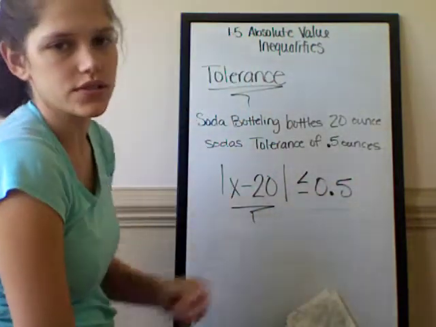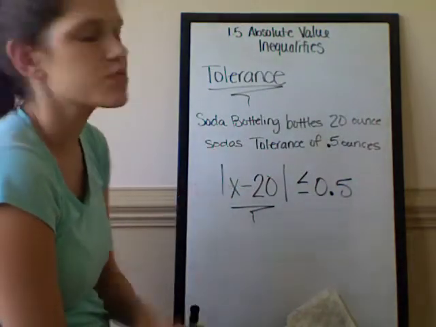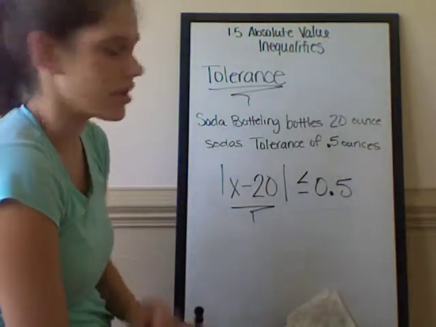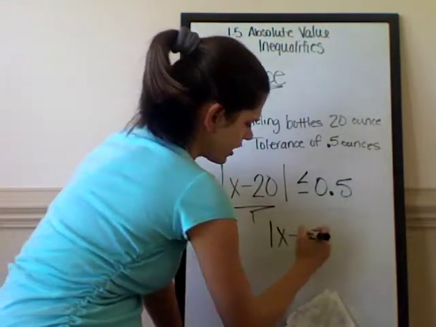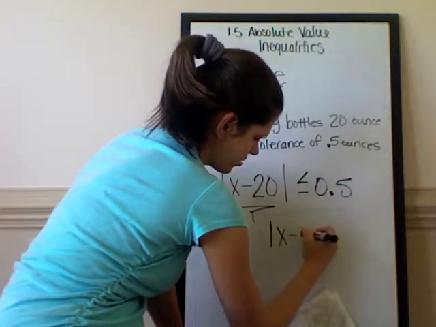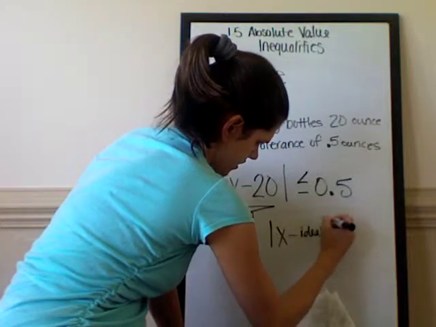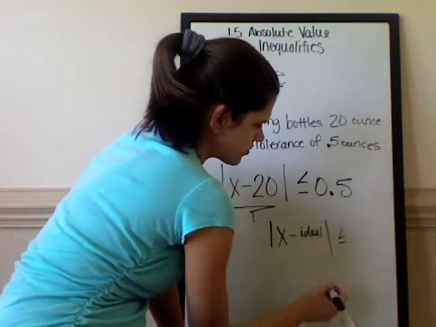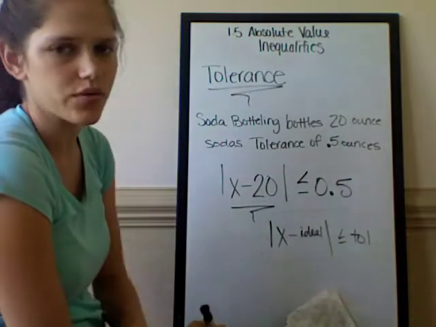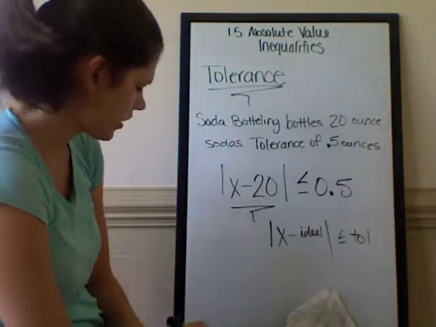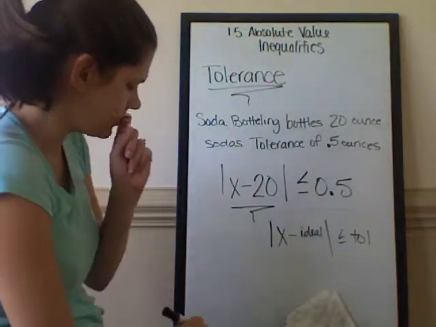Now, tolerance problems always get set up the same way. They will always be the absolute value of x minus whatever your ideal is, less than or equal to, and here's where your tolerance goes. And that's just the way they're always set up.